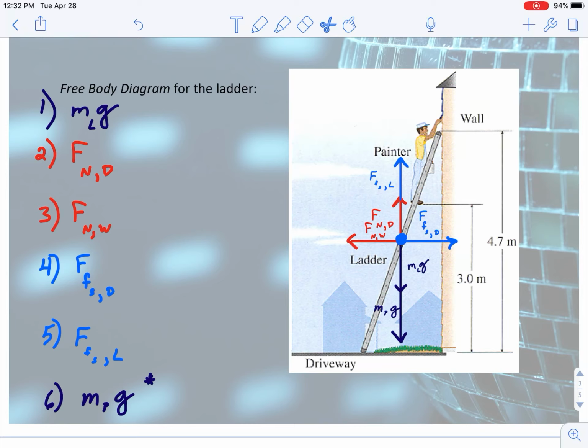So the force to the left would need to cancel with the force to the right. That would be a complete free body diagram that would describe the linear motion of the center of mass. Once again, since the center of mass is not accelerating, these forces must all cancel out.